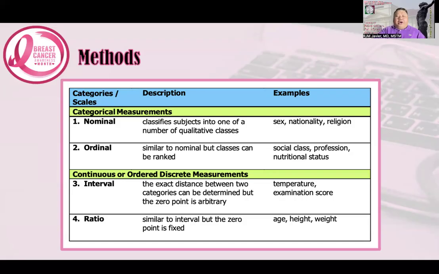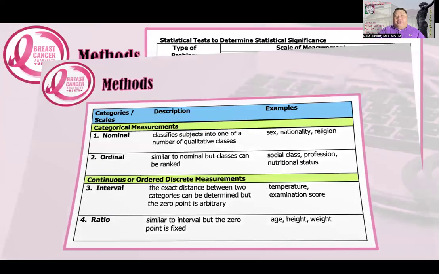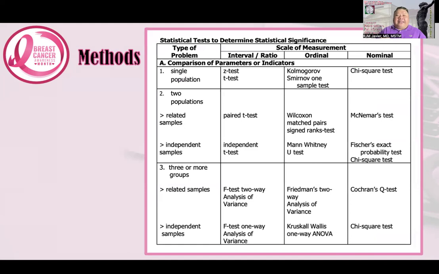On the other hand, your continuous or discrete measurements could be intervals or ratios. Knowing the scale of measurement is imperative for you to identify what particular statistical test to employ when you are dealing with your research study.